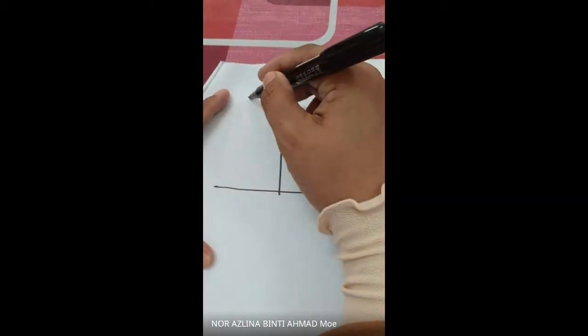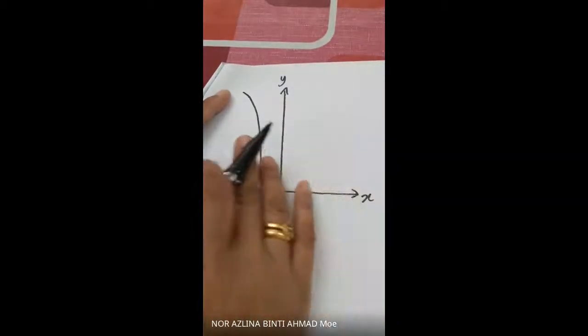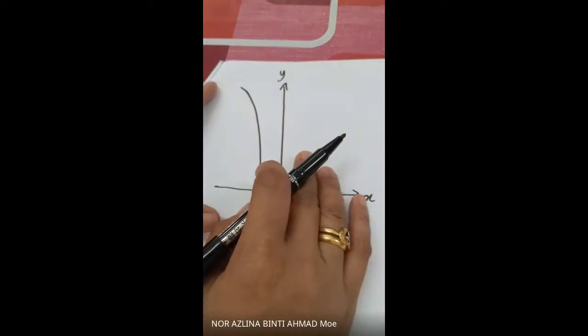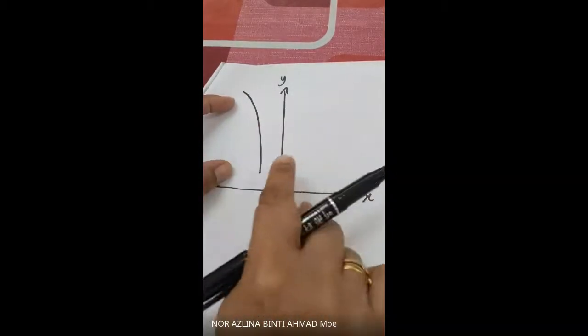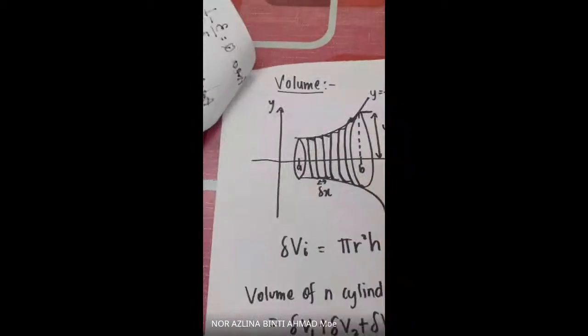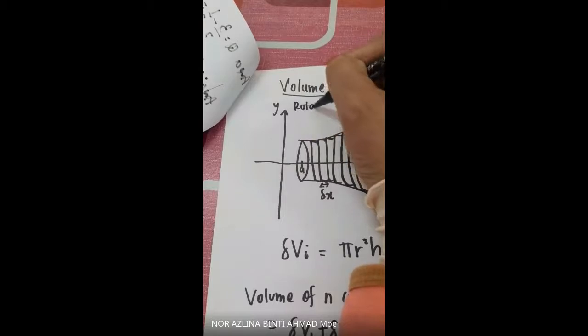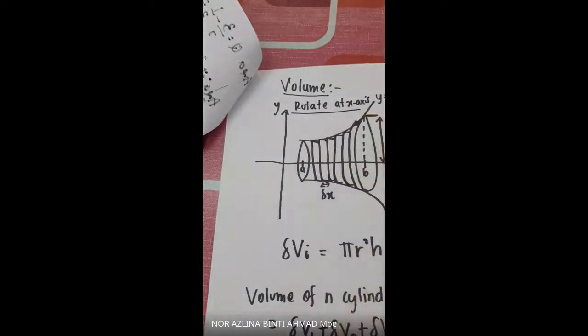Graf dia macam ni pula, sampai sini. So when the curve rotate 360, just now rotate at x axis, ni rotate at x axis.